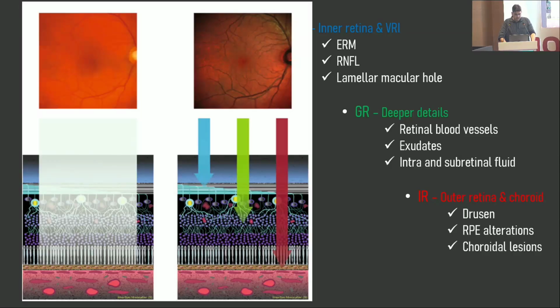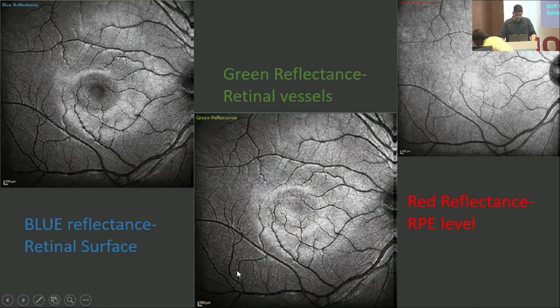The blue reflectance is the shortest wavelength and the infrared is the longest wavelength of light and has the most penetration. In a normal fundus camera, which uses white light, we can see the intensity of the light decreases towards the deeper layers of the retina. While in multicolor imaging, the blue reflectance sees the inner layers of the retina, the green, having a longer wavelength, penetrates a little bit deeper to the middle layers, and the red, having the deepest penetration, is able to see the deeper layers of the retina really well.